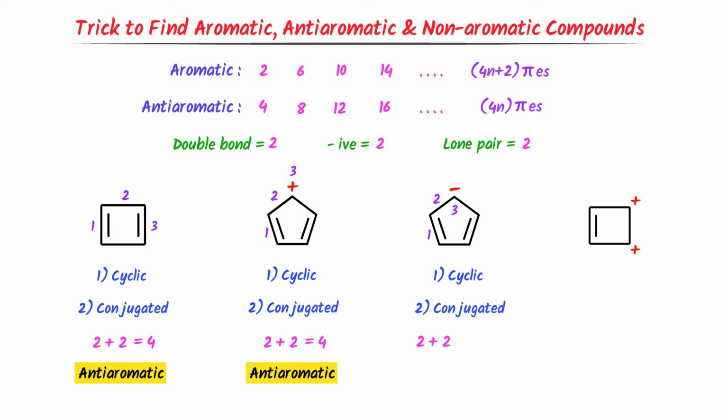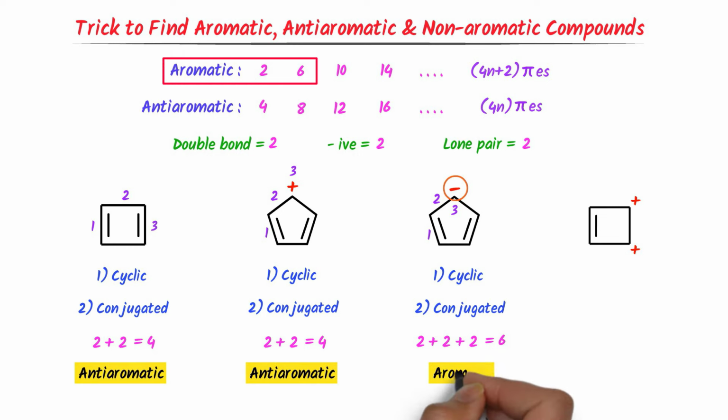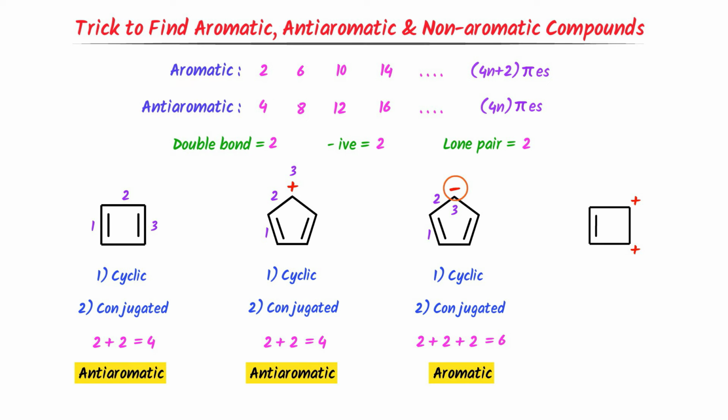We already know that for each negative charge, we have to put 2 electrons. So I write here 2 electrons. Now 2 plus 2 plus 2 is equal to 6 electrons. We know that if a compound contains 6 electrons, it is aromatic. So this compound is aromatic.